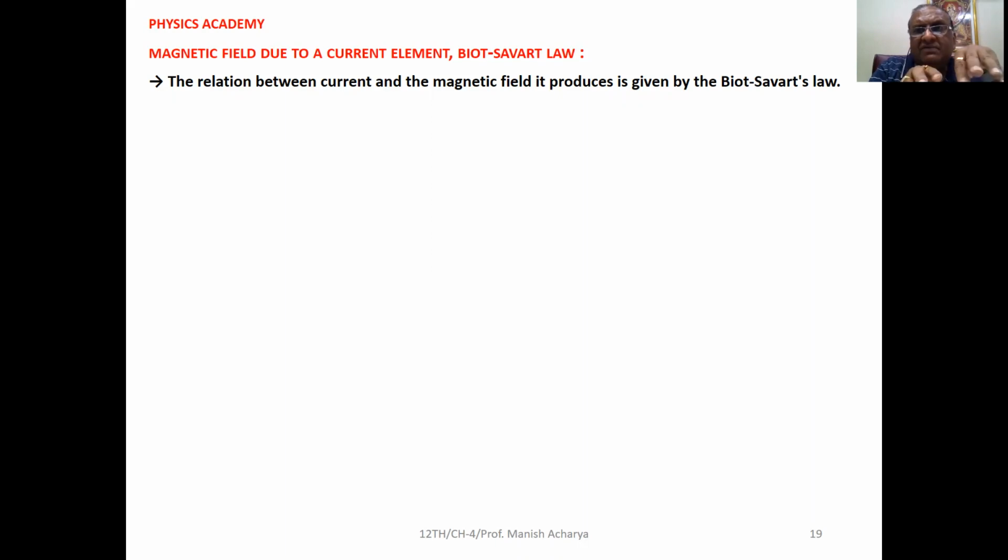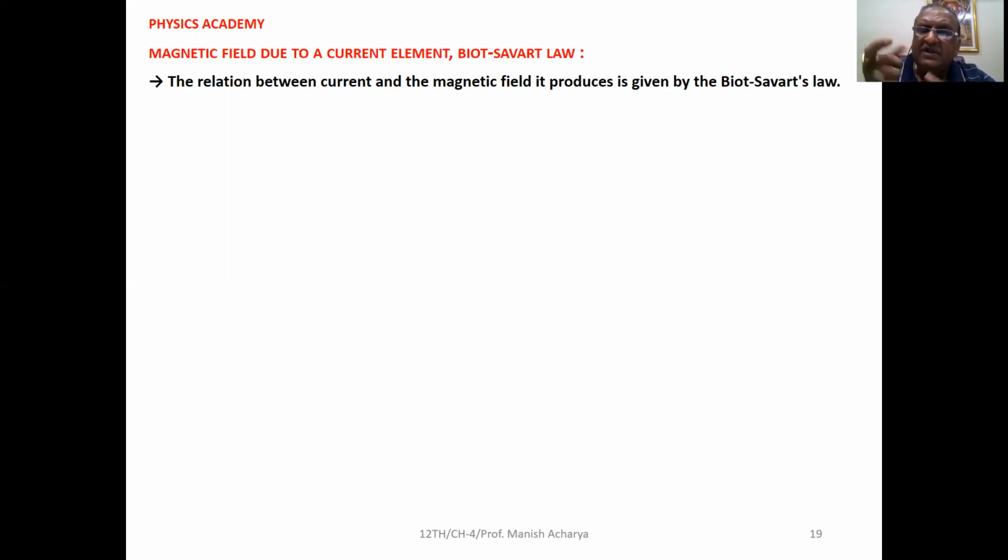See, this Biot-Savart law is based on experimental observations. With the help of thousands of experimental observations, these two scientists represented the equation with which one can calculate the magnitude of the magnetic field and fix its direction at a particular point.